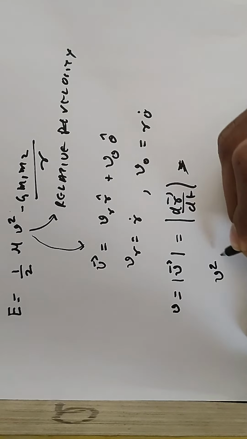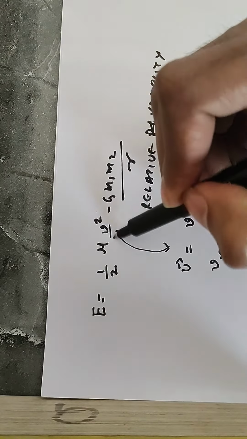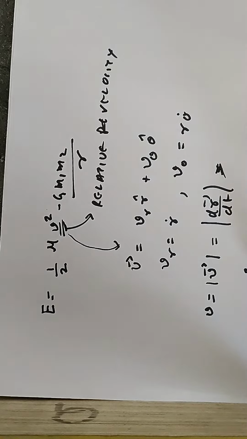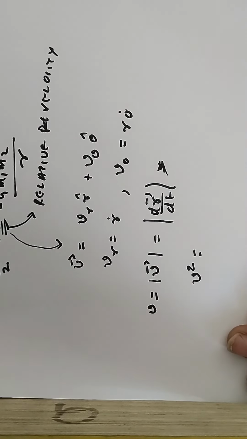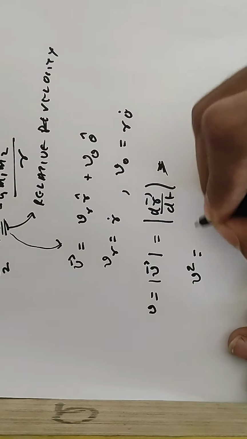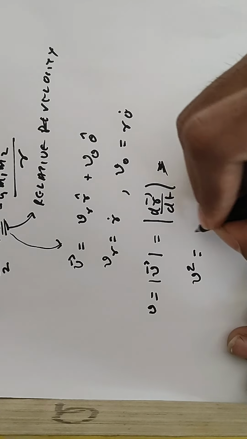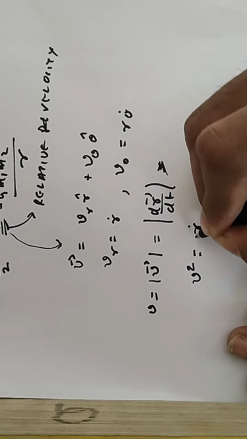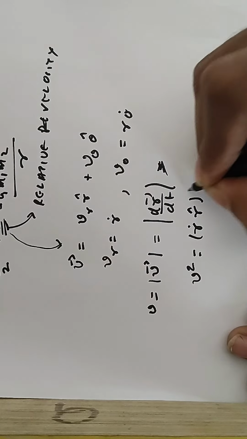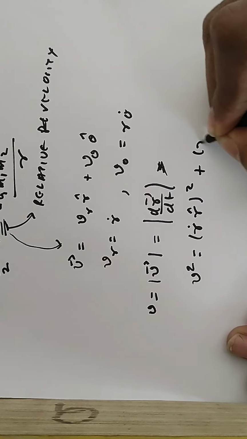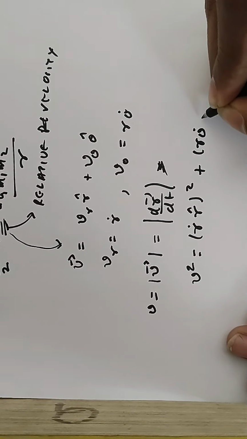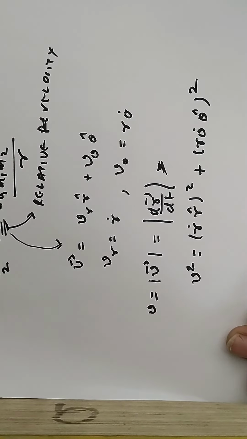Now I have V square over here, so I need to write the V square equation: r dot r cap square plus r theta dot theta cap square.